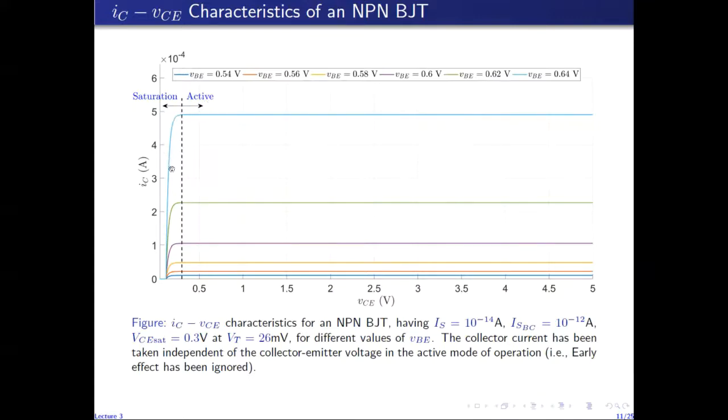However, IC drops to 0 for decreasing VCE in the saturation mode. Please note that later on we will find that there is some dependence of IC on VCE, which is given by the early effect, but this early effect has been ignored in this diagram, which is why IC is just a constant against VCE, with no dependence on VCE in the active mode.